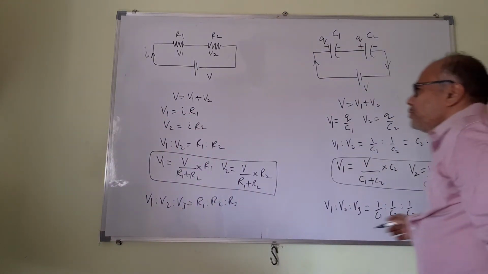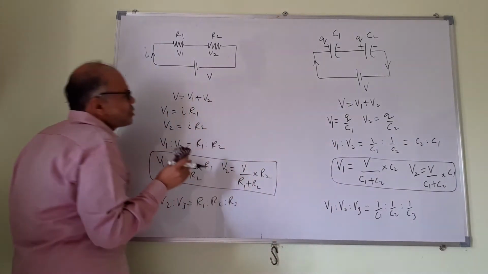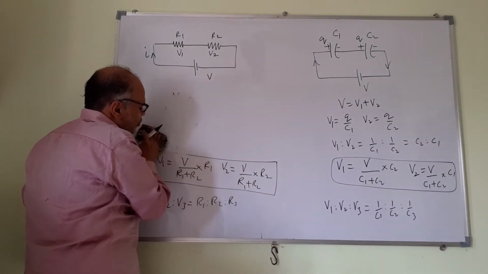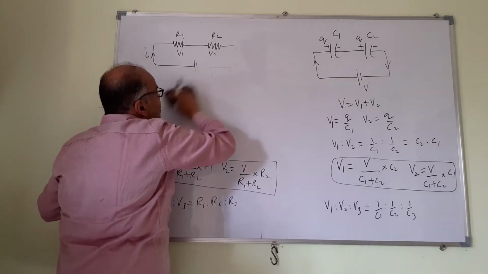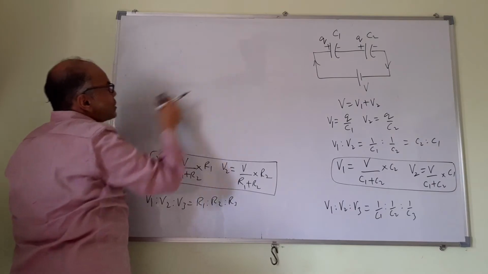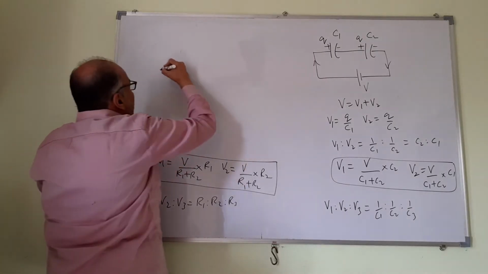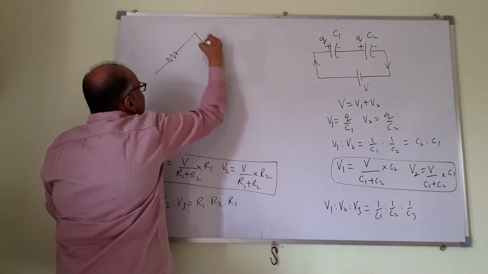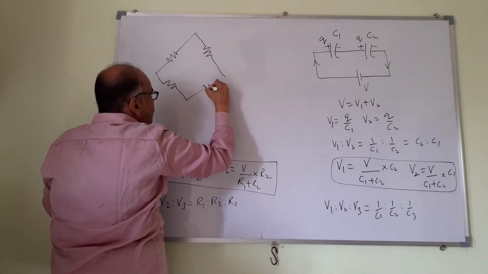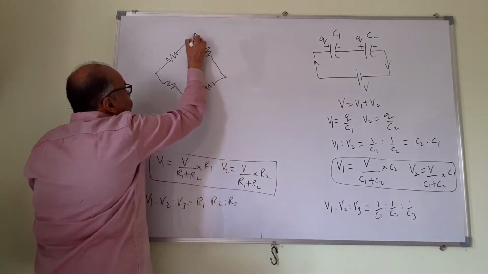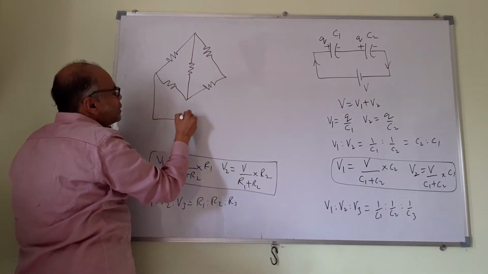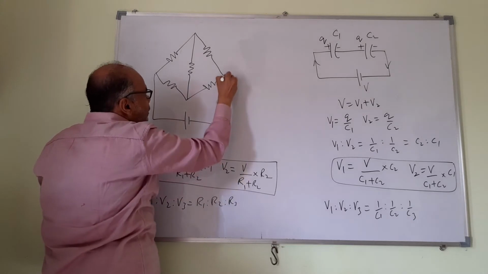Yes. So let us see what is the Wheatstone bridge. The Wheatstone bridge basically consists of 5 resistors and a cell. 4 of the resistors are on the sides of the square. The 5th resistor is along one diagonal and the cell is along the other diagonal.